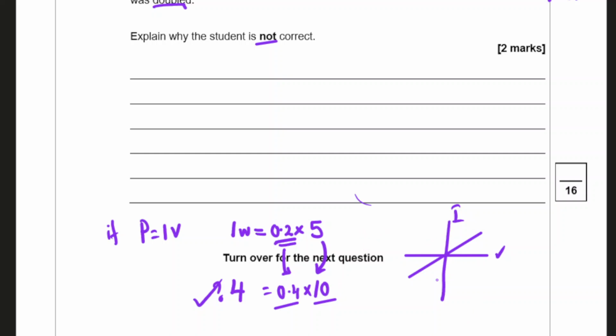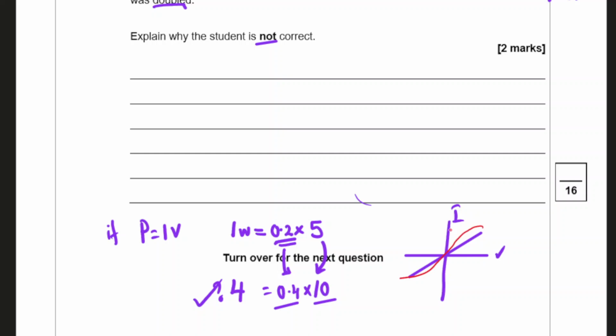But the graph is not a straight line. It's actually an S-shaped graph. So when the potential difference is increasing, the current is not doubling. In fact, the current is reducing. Why? Because the resistance increases here.